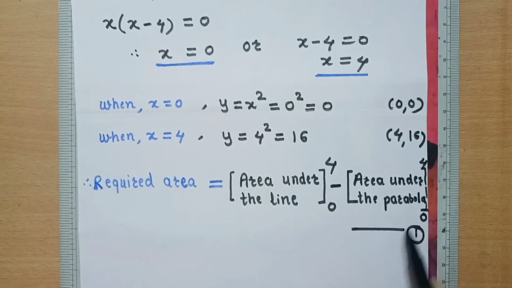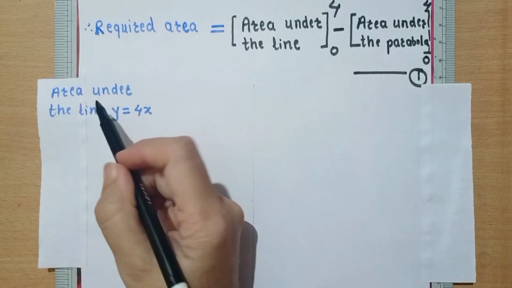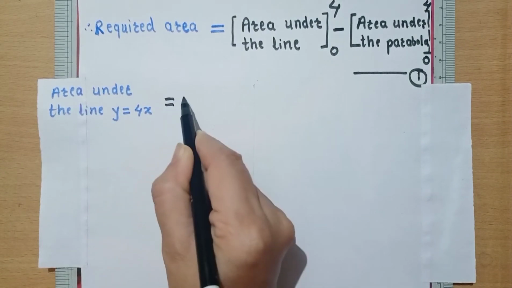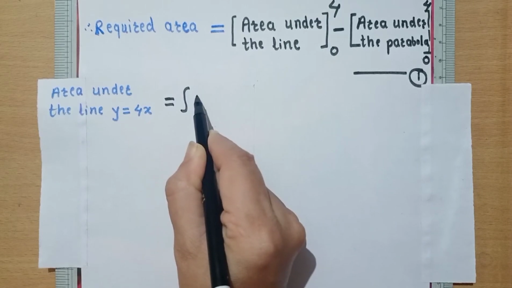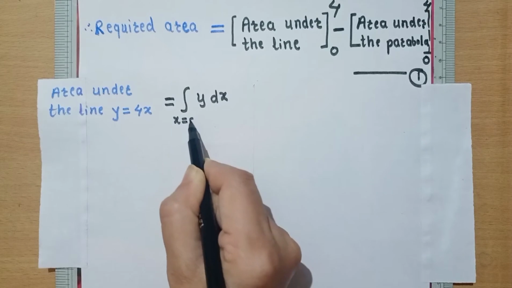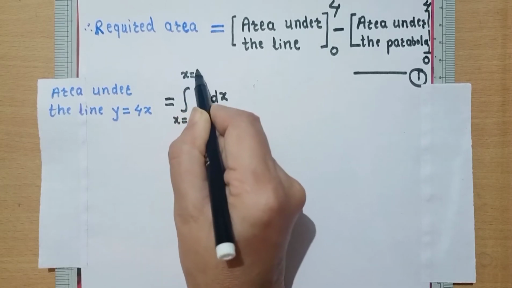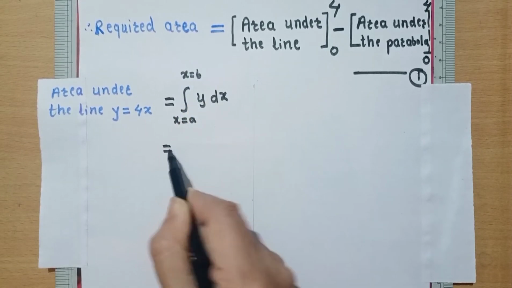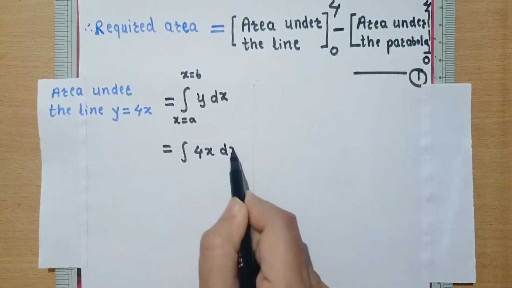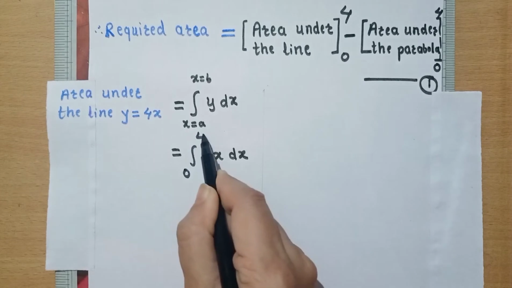Say this is equation number 1, and then again we will substitute in this equation. So let's find area under the line y is equal to 4x, and we know the formula, integration of y dx from x is equal to a to x is equal to b. This is our formula. Now substitute y means 4x. So here 4x dx, and it's from 0 to 4.